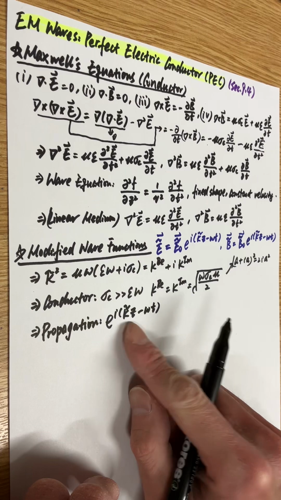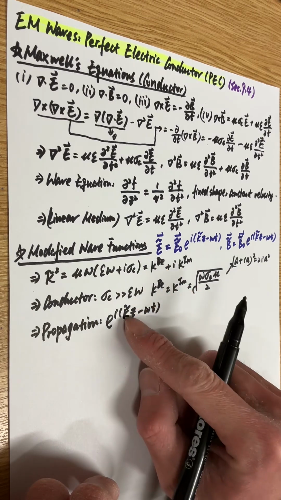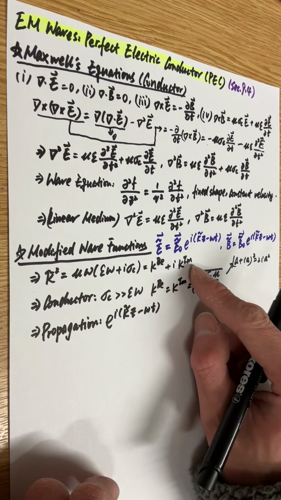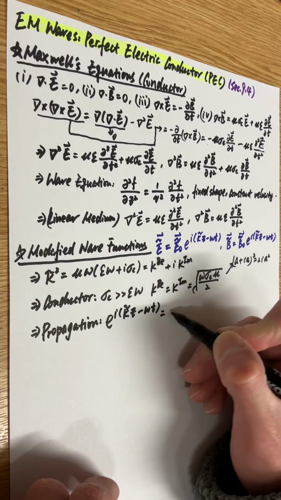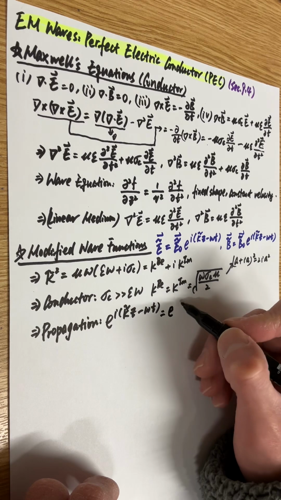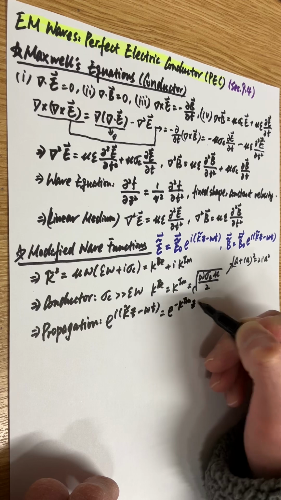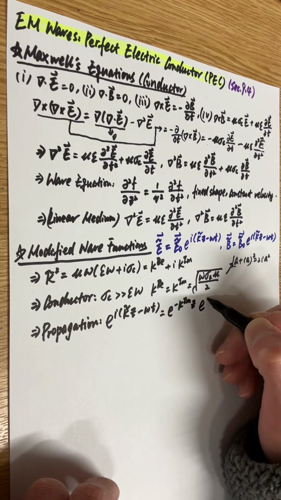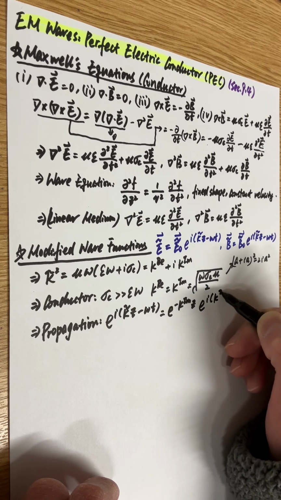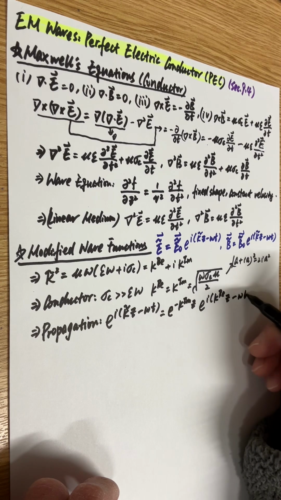If we express kappa by kappa real part and kappa imaginary part, we would have e to the minus kappa imaginary part z, times e to the i (kappa real part z minus omega t).